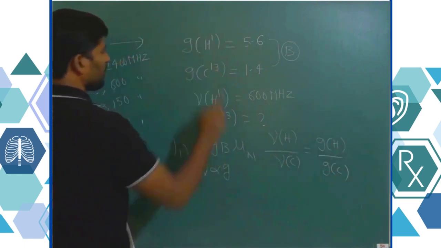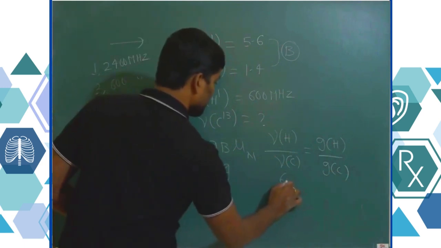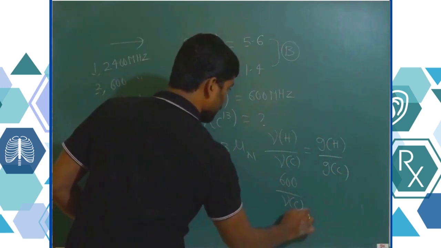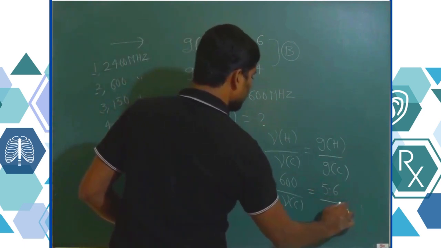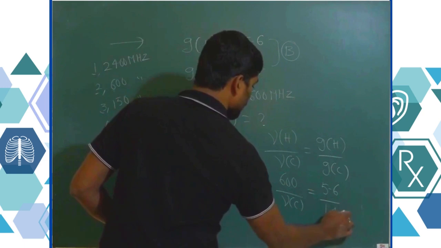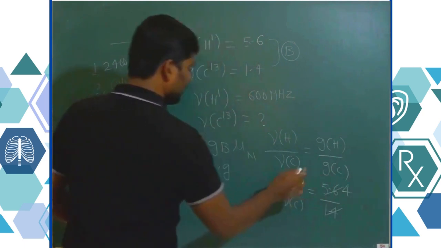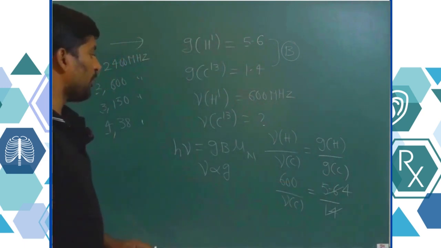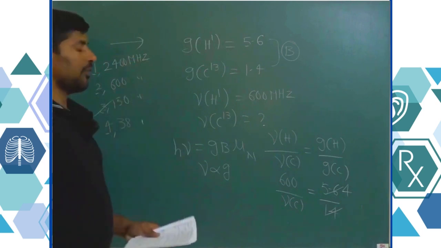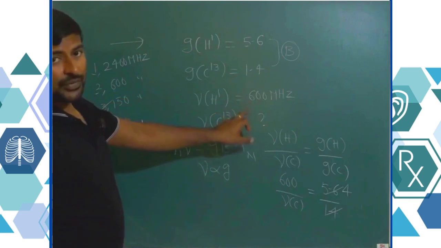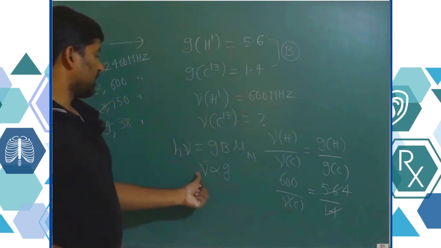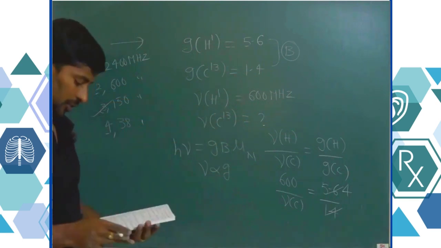The resonance frequency for hydrogen is given as 600, and we want to calculate that of carbon. The g value for hydrogen is 5.6 and for carbon 1.4. So the 4 times factor gets cancelled, and we get 150. So the g value decreased by 4 times. That means the resonance frequency also decreases by 4 times, since resonance frequency is directly proportional to g.